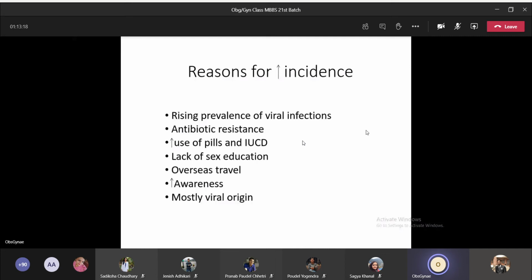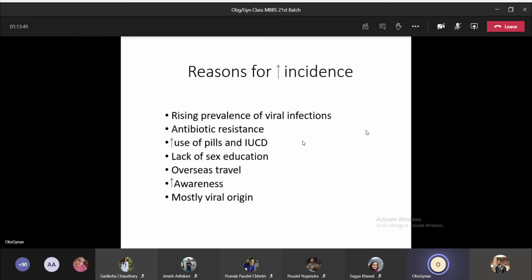Lack of sex education: most people in developing countries lack sex education, and if sex education is not given in the country, the chance of this infection increases. Overseas travel: previously overseas travel was very limited, but nowadays, due to development, it is very high, and people may bring diseases from different countries.